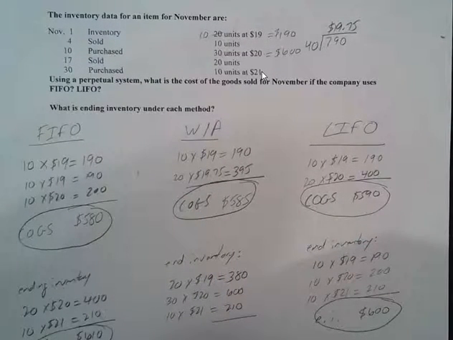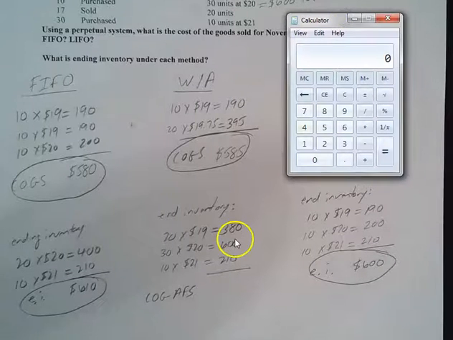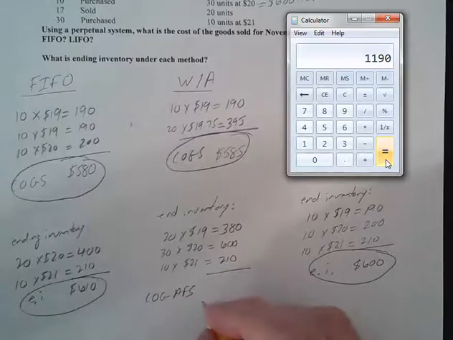Okay, so let's go ahead and put that. So, cost of goods available for sale, that's probably not a legitimate abbreviation, but our cost of goods available for sale would be 380 plus 600 plus 210. Okay, so that's $1,190.